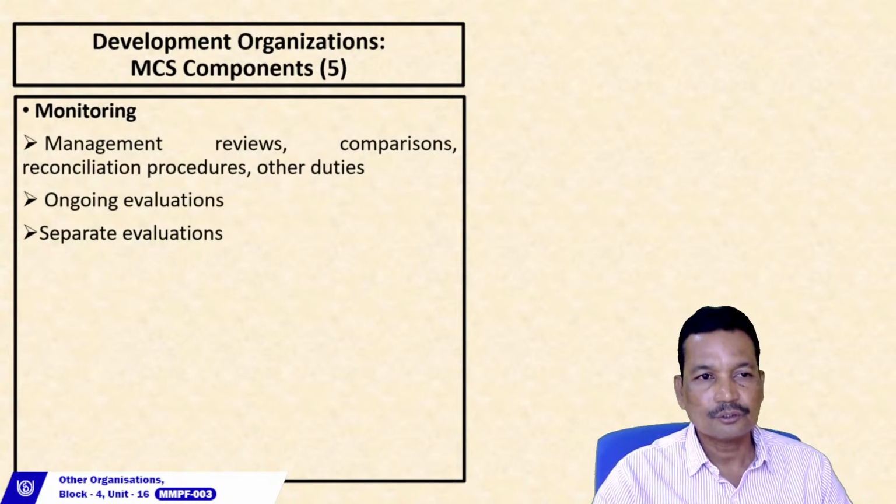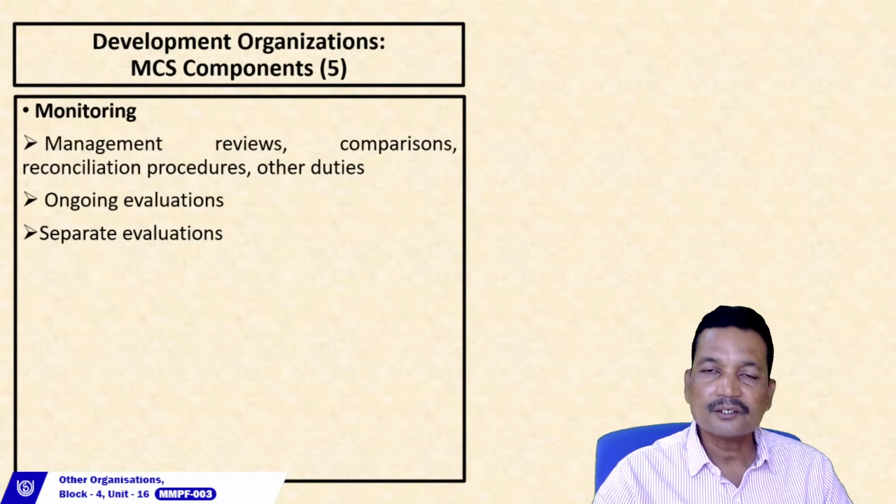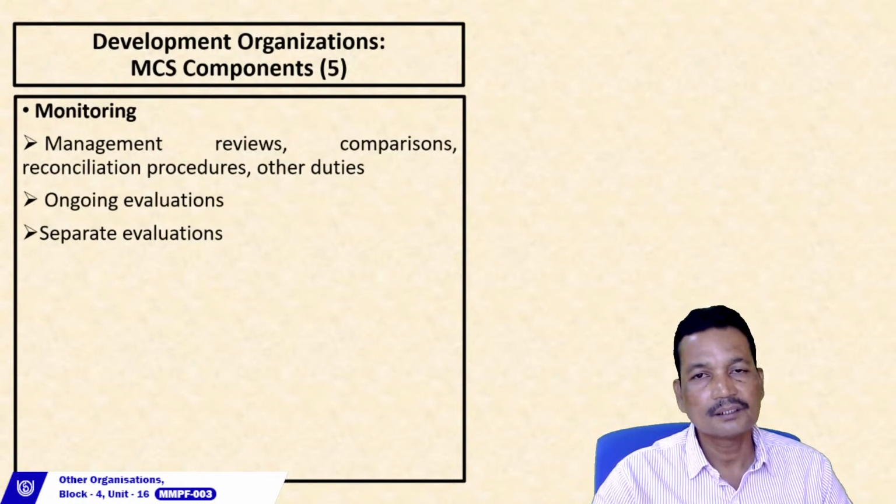And we also look at the monitoring part. How do we monitor it? We can have reviews, the management reviews, compare the outcomes, reconcile with the various other branches and other duties.